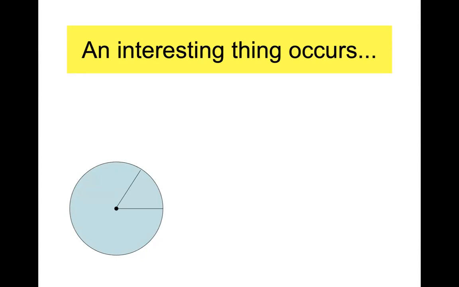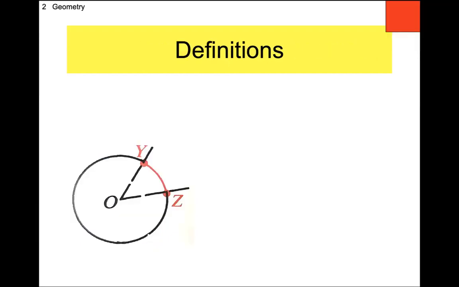However, the two arms that form the angle actually intersect the circle, and where they intersect the circle, we say they cut off a portion of the circle. So that red right there is the portion of the circle that the central angle, by how it's constructed, forms. It forms that little part of the circle. And that's going to get a name.